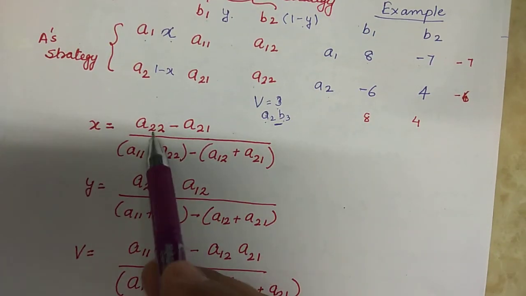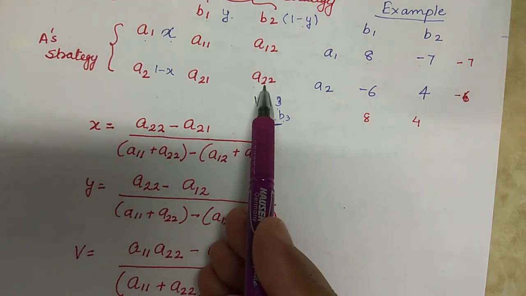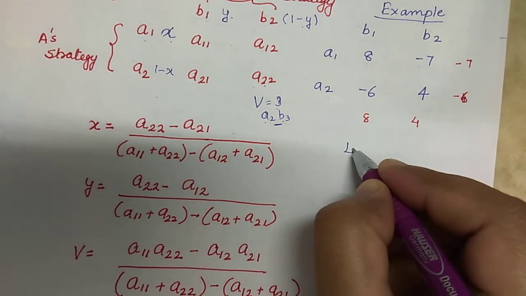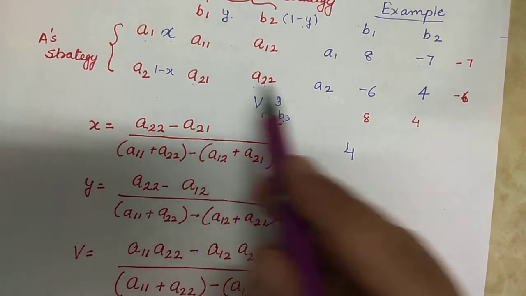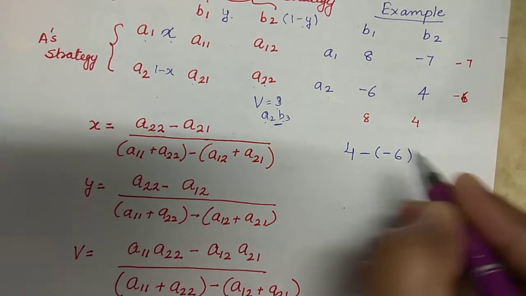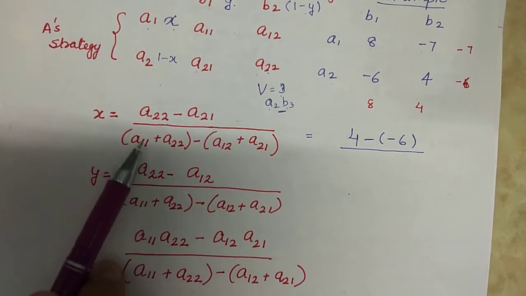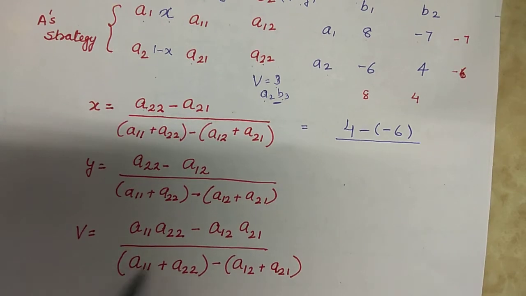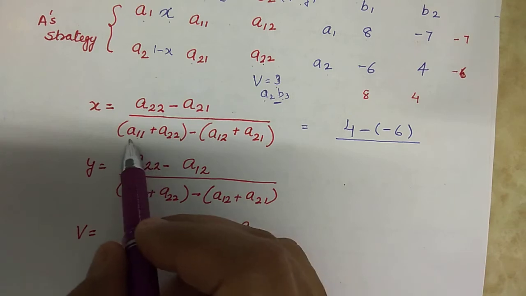X is calculated as A22 minus A21. A22 is this value, which in this example is 4. A21 is this value, minus 6. If you see the denominator, the formula shows that the value remains the same in all three formulas. Now what are the values?